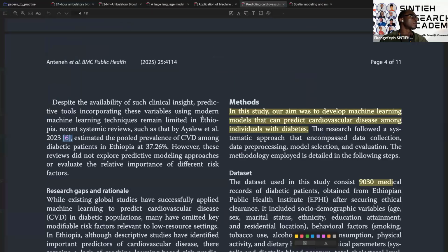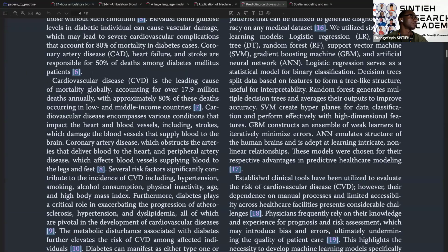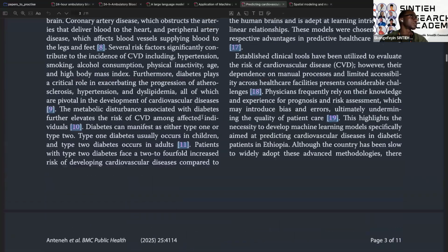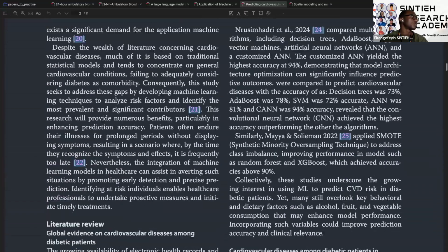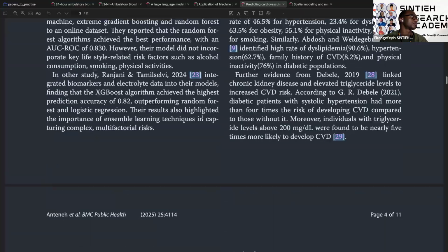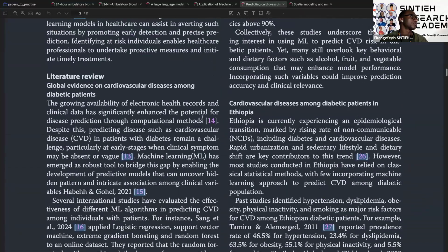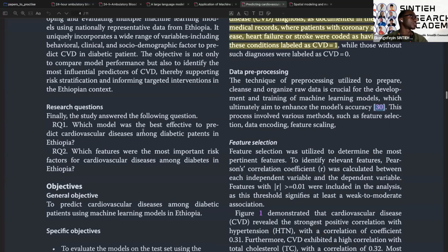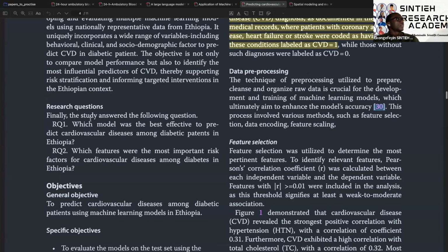I think the research questions are clear now because I saw a very long paragraph with the research questions, somewhere down here in the literature review, research gap, research questions. So this was it. Finally, this study seeks to answer the following questions.